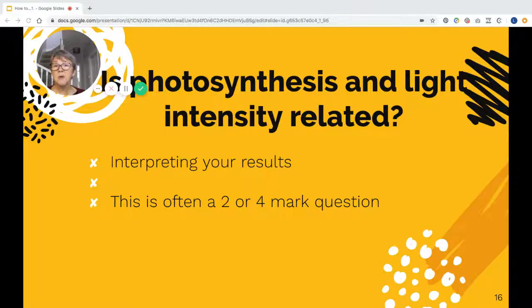Now, if it's a 4-mark question, you need to state where it's going up, where it's going down, but you need to use the data to say exactly where it's going up and how it's going up. So you could say between 3 seconds and 5 seconds, the rate of photosynthesis increased because on my graph it shows this at that point and this at that point, showing that trend. And then you have to do the same for the second part, the downward pattern, if there is a downward pattern.